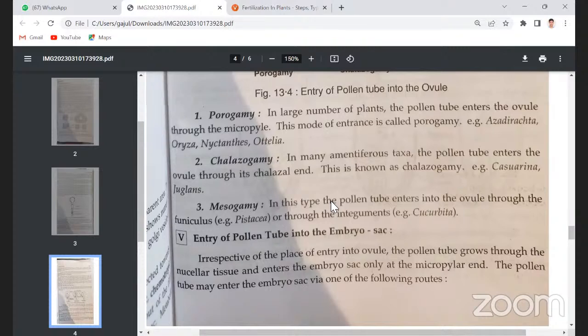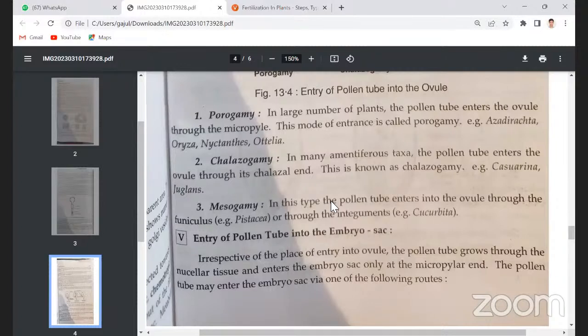And the third one is mesogamy. In this type, the pollen tube enters the ovule through the funiculus, example Pistacia, and through the integuments, example Cucurbita. These are the three types of entry of the pollen tube into the ovule.